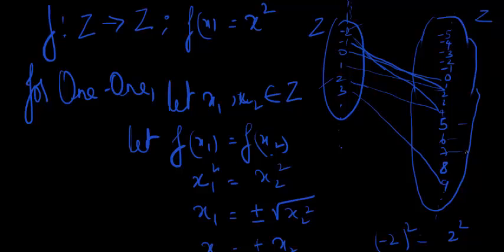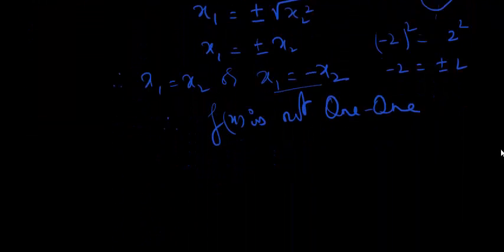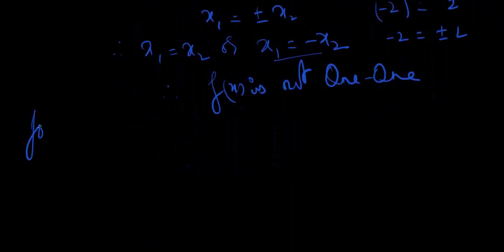I can just pick up an example and then tell them that this is not an onto function. I'm going to write the same proof for onto.